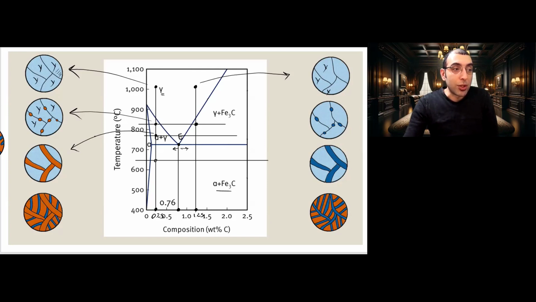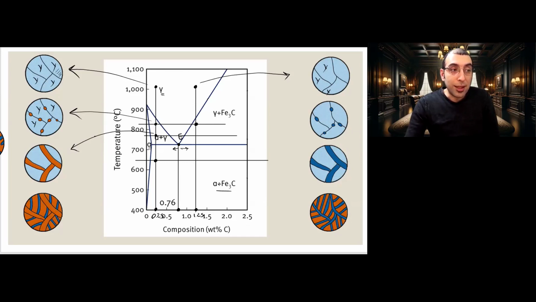Then you cool it down even more to this temperature. Because you pass the eutectoid line, alpha plus gamma should turn into something else when we come to this region. In this region, the left border is alpha, which is a solid solution of iron and carbon, single phase. And the right border is cementite again.